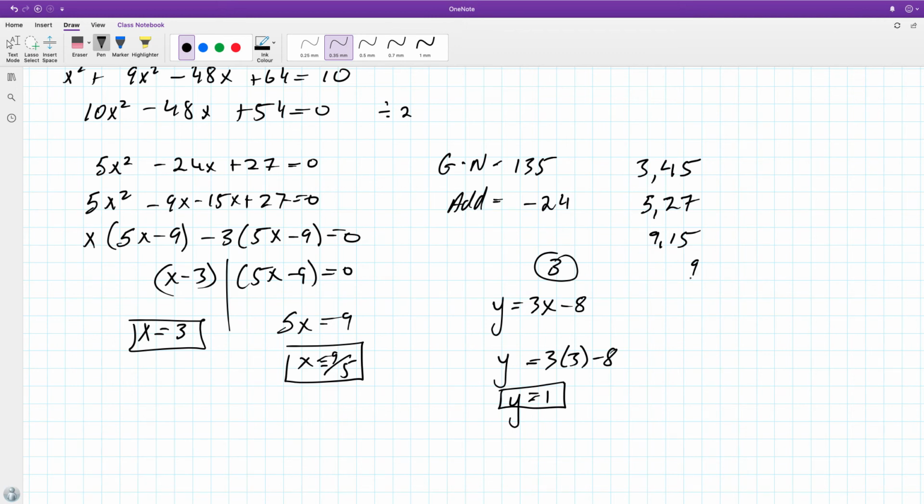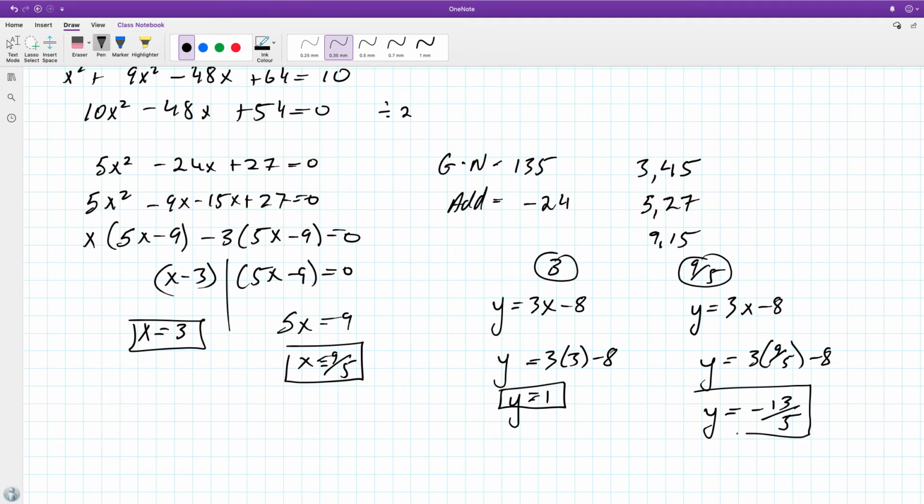When x is 9 over 5, y equals 3 times 9 over 5 minus 8, so y is equal to minus 13 over 5. And there's your answers: 3 and 1, and 9 over 5 and minus 13 over 5.